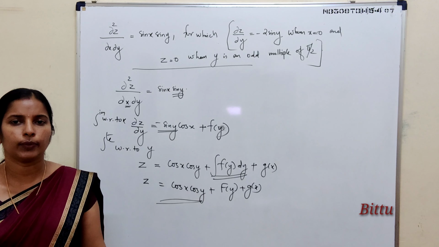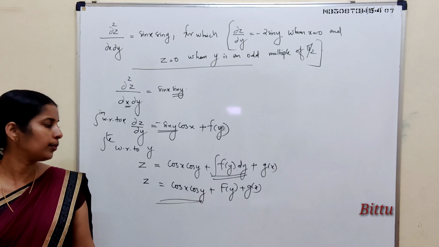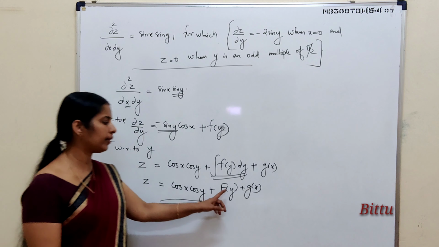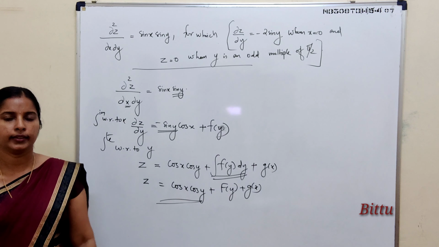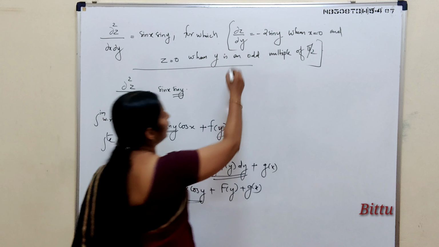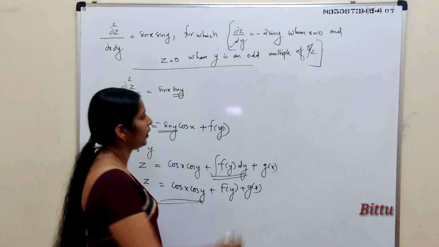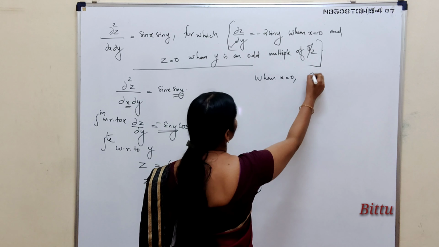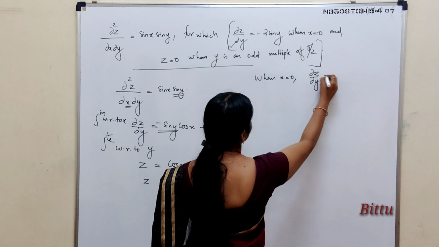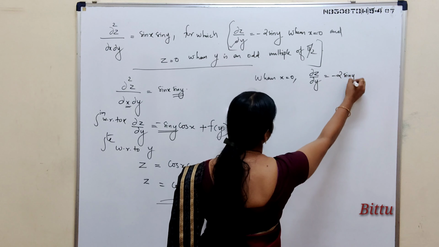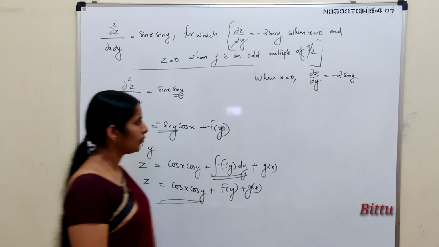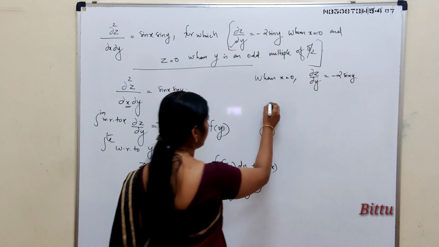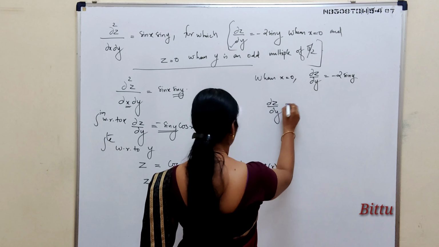Two conditions are given, and those conditions are used for finding the arbitrary functions F(y) and g(x). Given when x equal to 0, del z by del y is equal to minus 2 sin y. What is del z by del y?